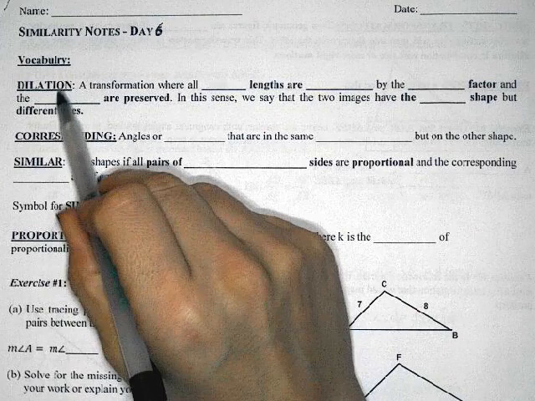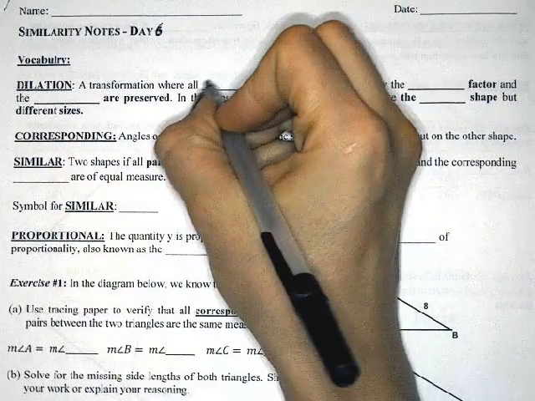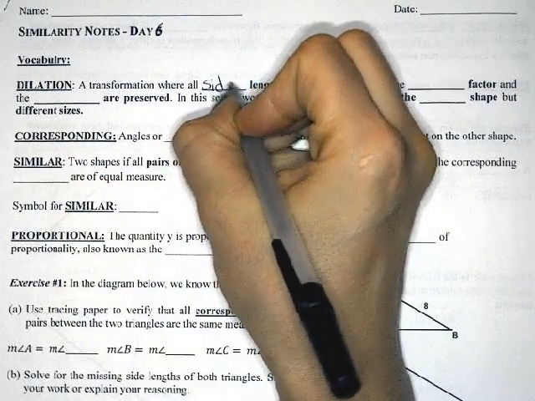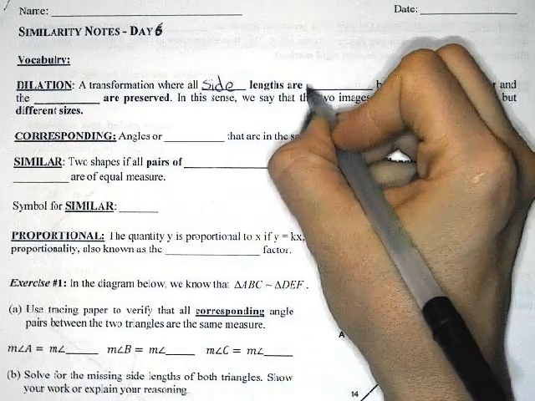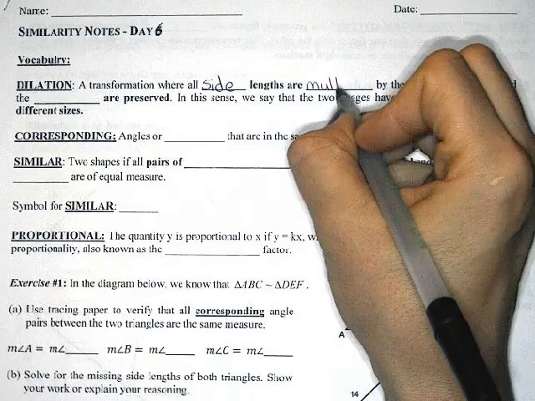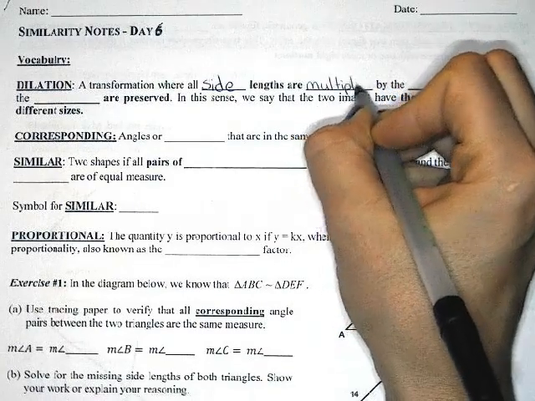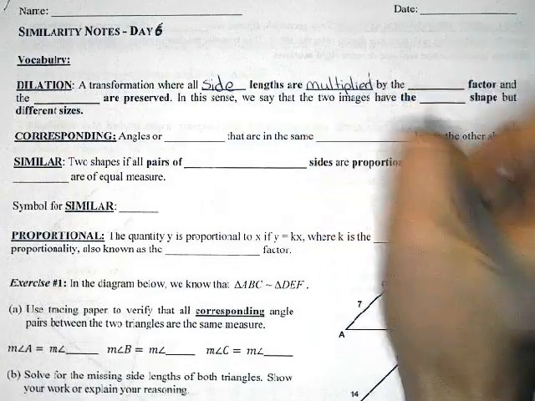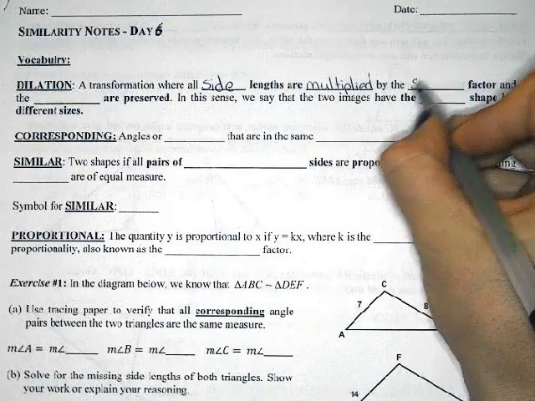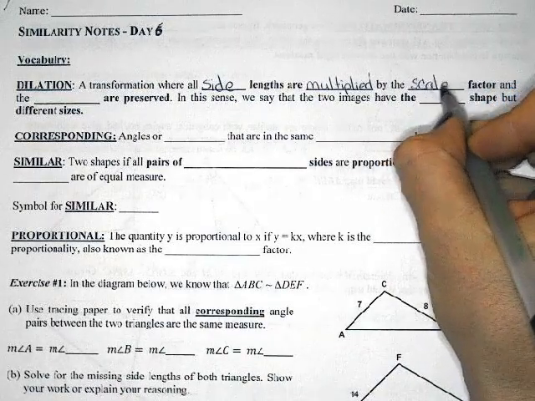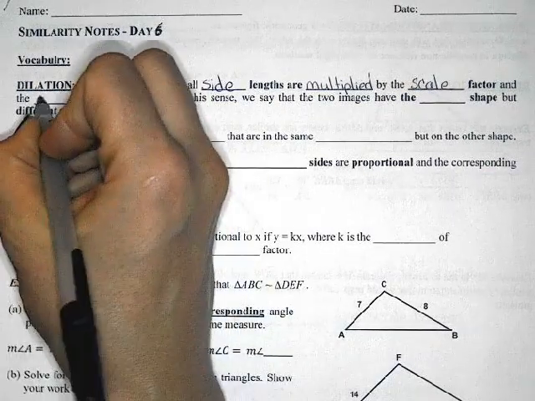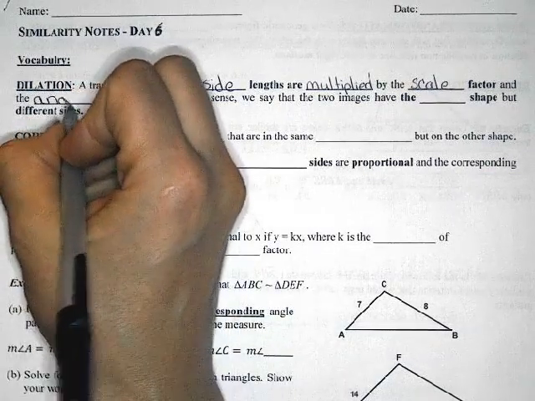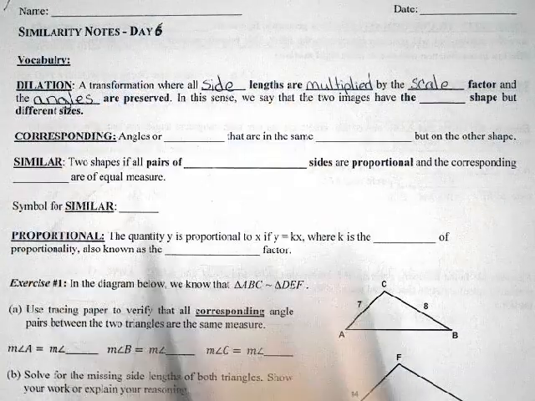Dilation, where all side lengths are going to be multiplied by the scale factor, and the angles are preserved.